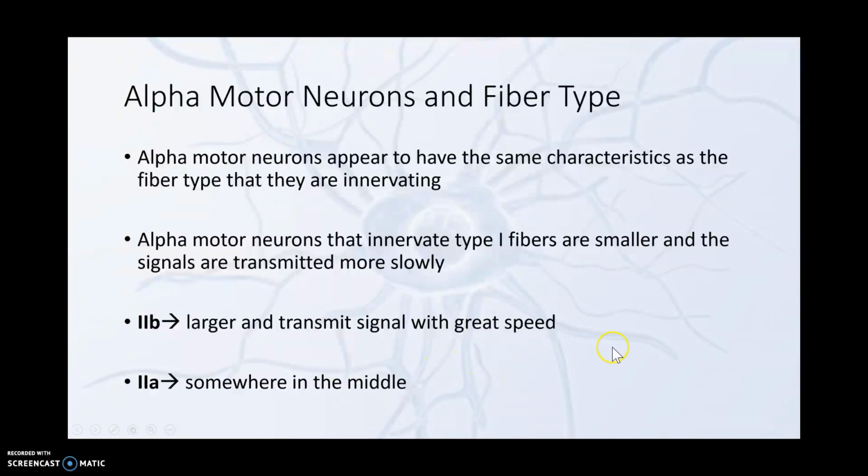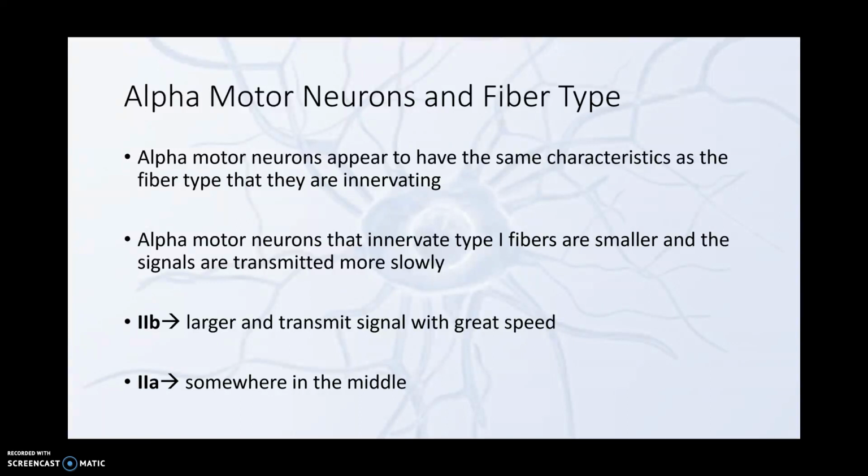Okay, so let's connect alpha motor neurons and the fiber type. Alpha motor neurons appear to have the same characteristics as the fiber type that they are innervating. So alpha motor neurons that innervate type 1 fibers are smaller and the signals are transmitted more slowly. And that's okay because our type 1 fibers use mainly oxidative metabolism and are slower anyway. Our type 2B fibers are larger and transmit the signal with great speed.